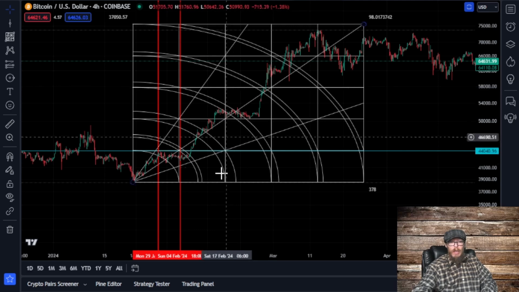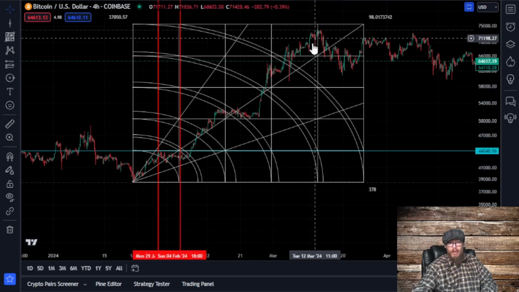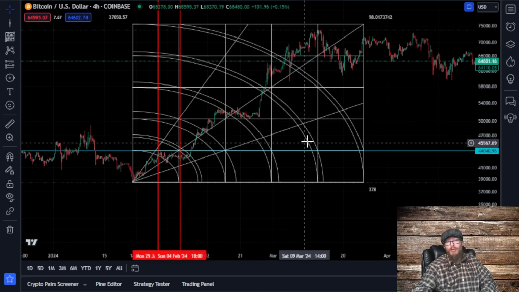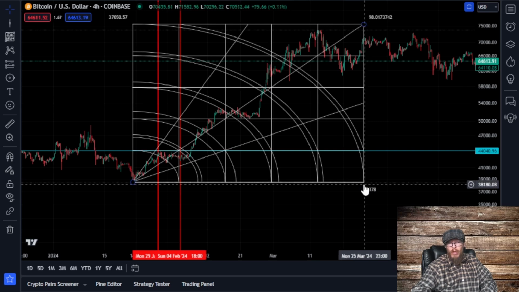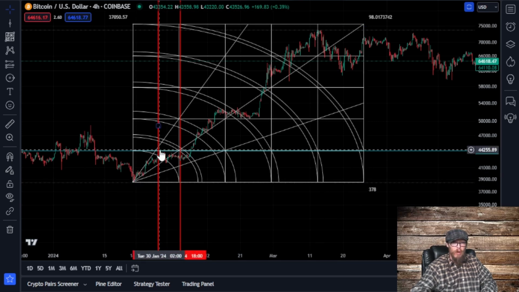What we're looking at here is just this expansion process in time and price. So you can use these things to give you an indication as to where proportional relationships are, based off of this amount.